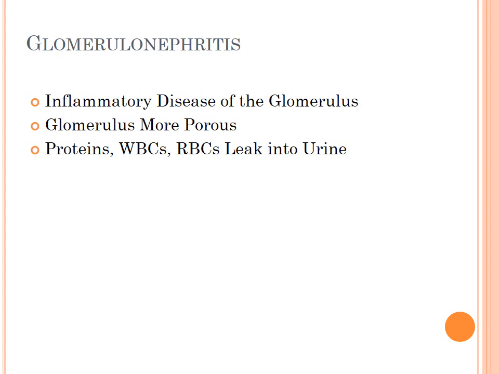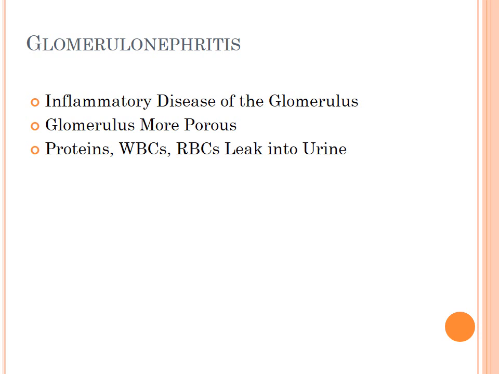Glomerulonephritis is inflammation of the glomerulus, causing the glomerulus to become more porous and therefore leaking the very things that would never go through the pores into urine: proteins, white blood cells, red blood cells. There's a relationship between glomerulonephritis and a previous strep infection.